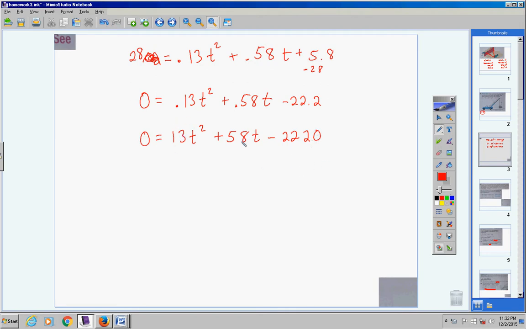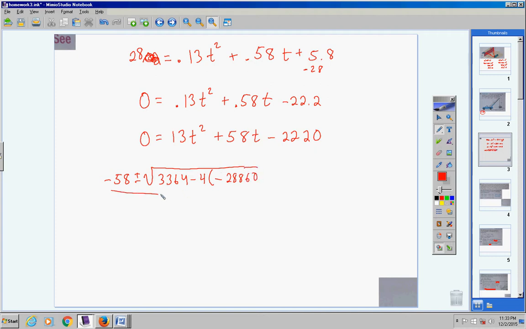Alright, here's my A, my B, my C. So negative B plus or minus the square root of 58 squared, 3,364, minus 4AC, 13 times negative 2,220 gives us a negative 28,860.